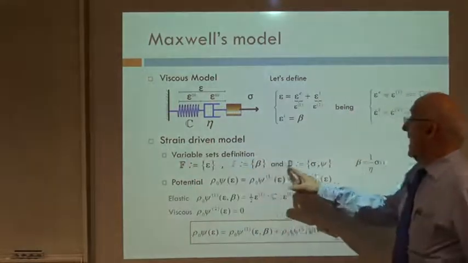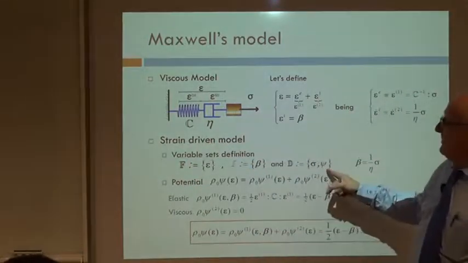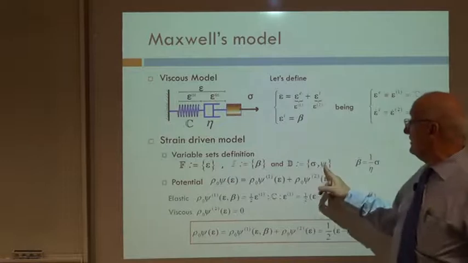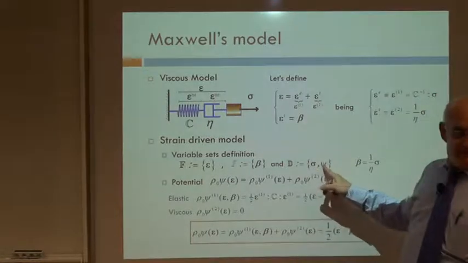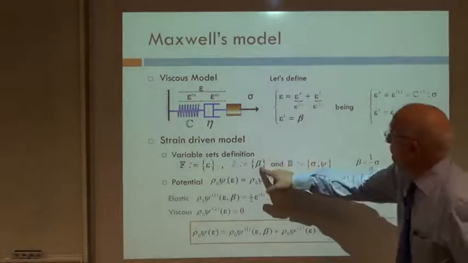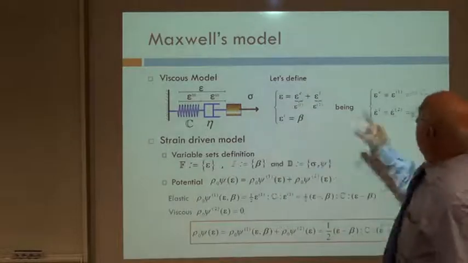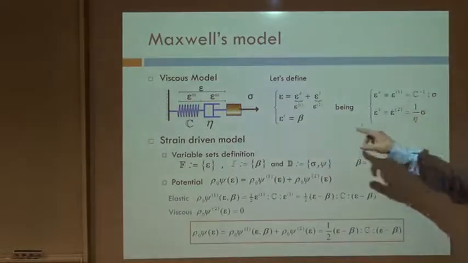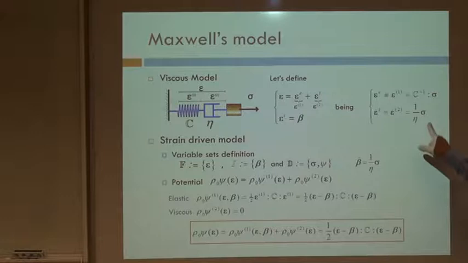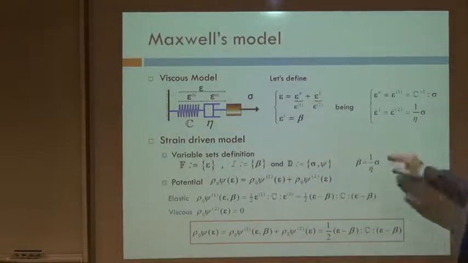And then the remaining variables, typically the stress and the free energy, are dependent. And the evolution equation for this beta is just this one here: beta dot equals 1 over eta times sigma, just inspired by what I saw in the previous element. Okay? So this is this part of the model.